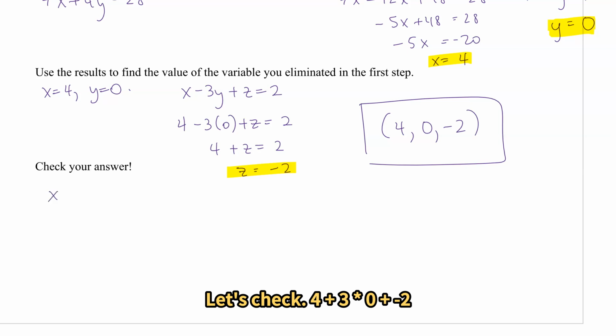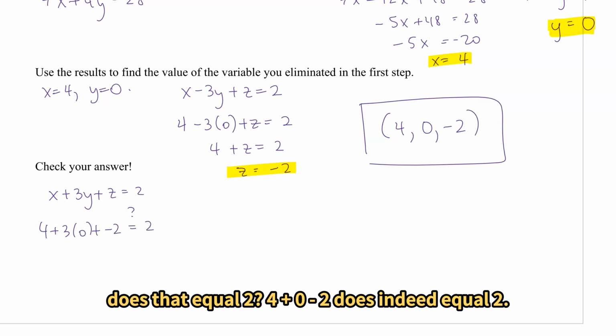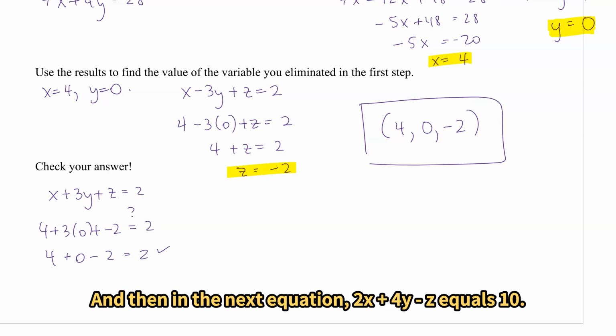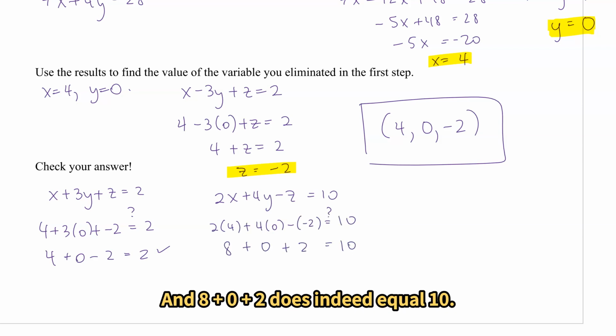Let's check. 4 plus 3 times 0 plus negative 2, does that equal 2? 4 plus 0 minus 2 does indeed equal 2. And then in the next equation, 2x plus 4y minus z equals 10. And 8 plus 0 plus 2 does indeed equal 10.